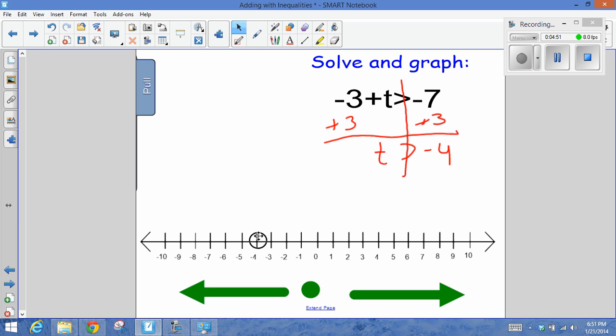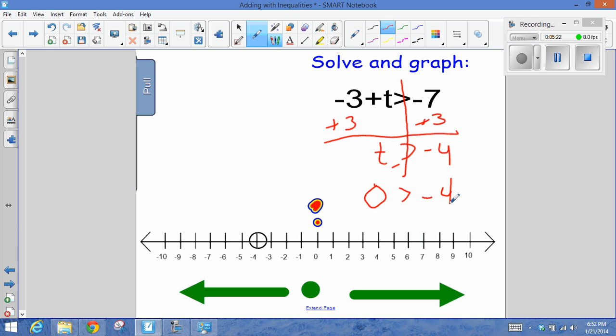And then I'm going to pick a test point. So I'm going to pick 0 again because 0 is just easy. So I stick my 0 in here for t. 0 is greater than negative 4.